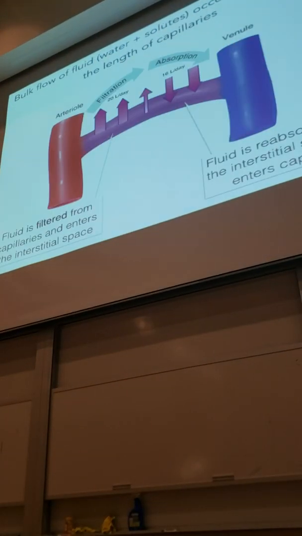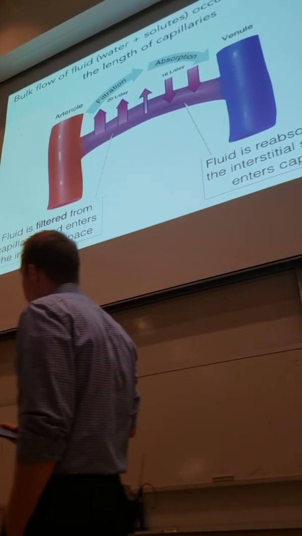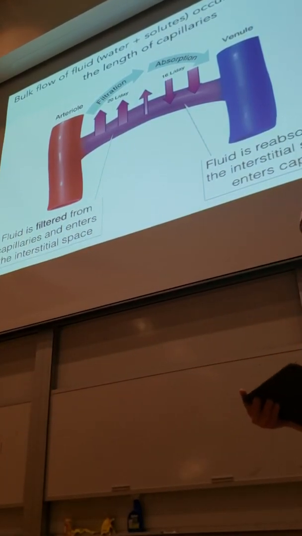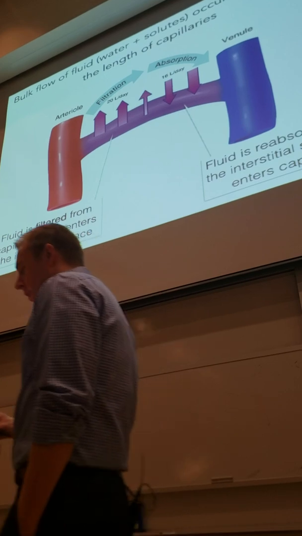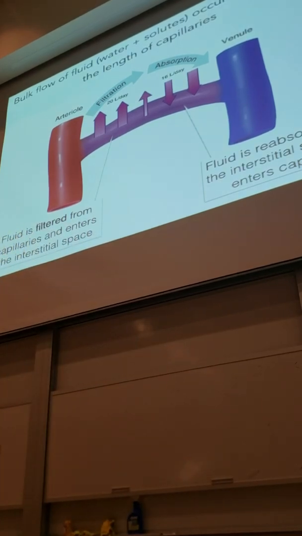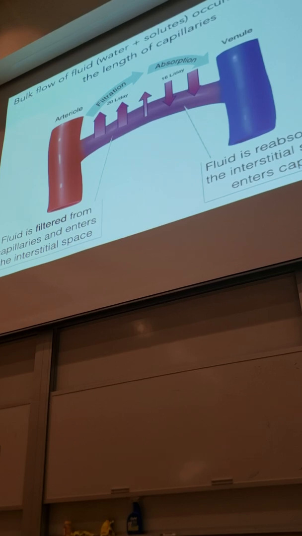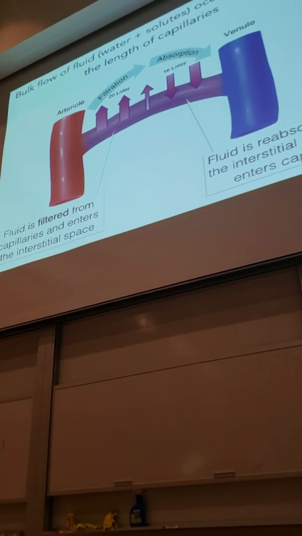Okay. So let me put that in context real quick. Here we are back at the same slide. We have a filtration where we've got hydrostatic capillary blood pushing out, and we've got osmotic interstitial fluid, a little bit of activity working in the same direction, being opposed by the osmotic pressure of the capillary blood.